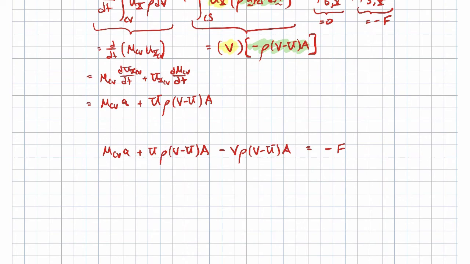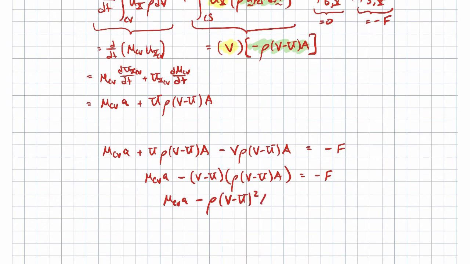In fact, it'll look like this. Let's see, this will be a minus (V minus U) times a rho (V minus U) times the area. I think I did that correctly. Let me just double check. Yeah. So this will just be minus rho (V minus U) squared times A is equal to minus F.